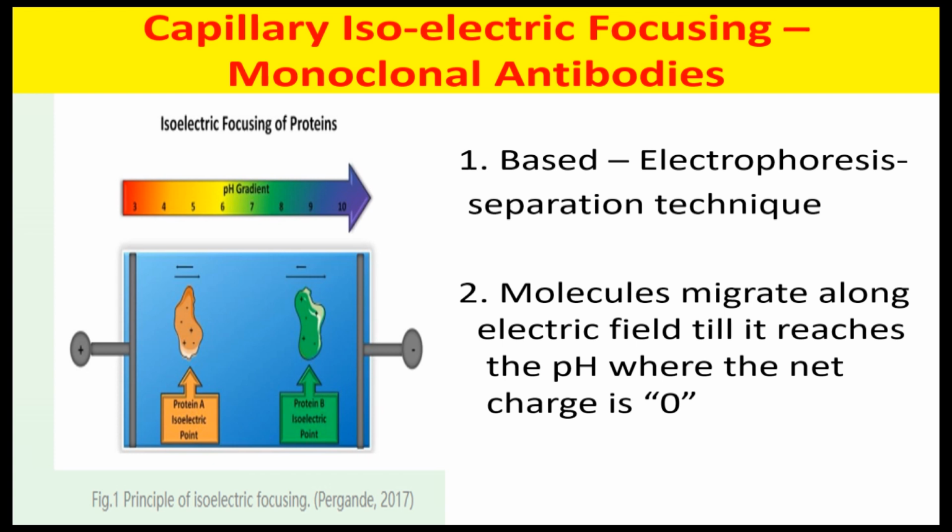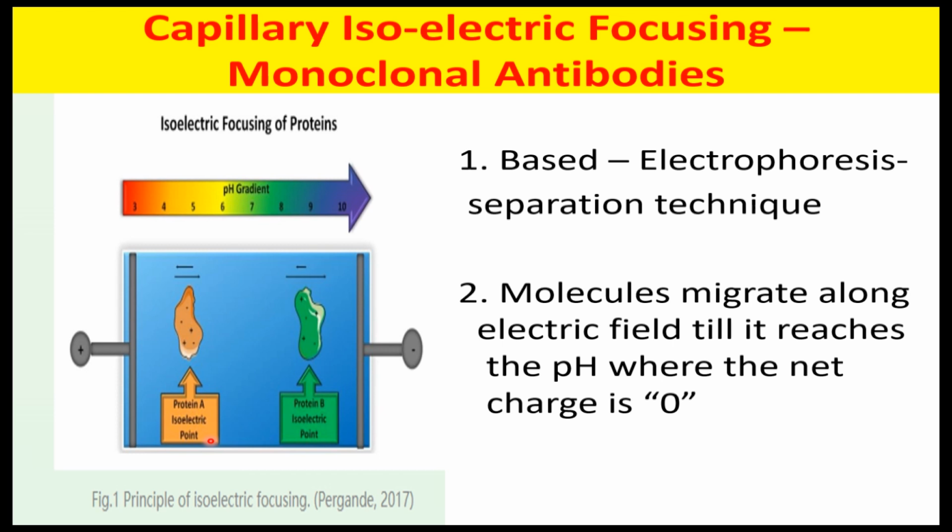So what happens in this isoelectric focusing, meaning the pH at which the charge becomes entirely zero. Suppose this protein A and protein B start from an initial point. When reaching pH near about 4.5, the charge of protein A becomes zero.